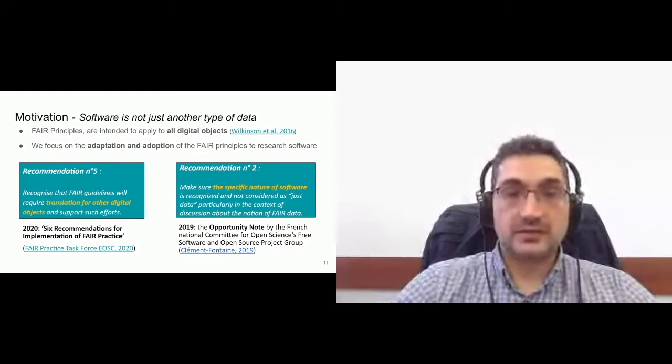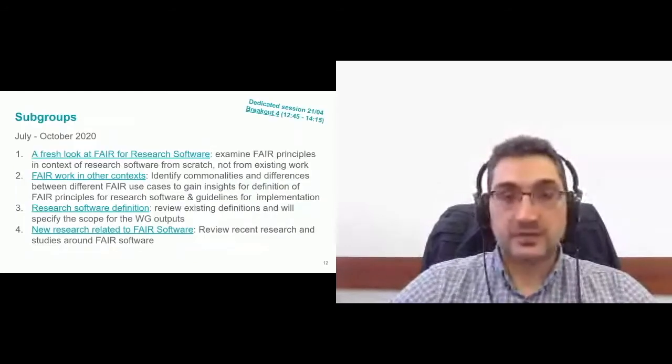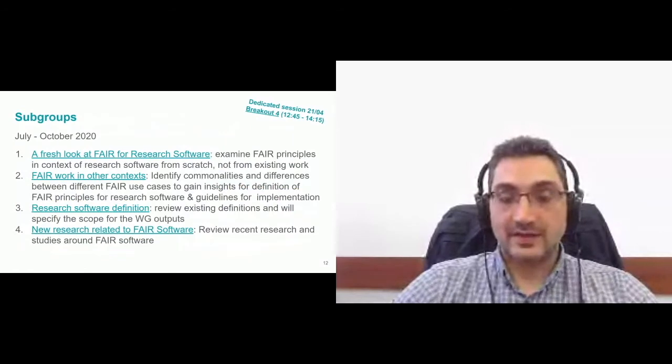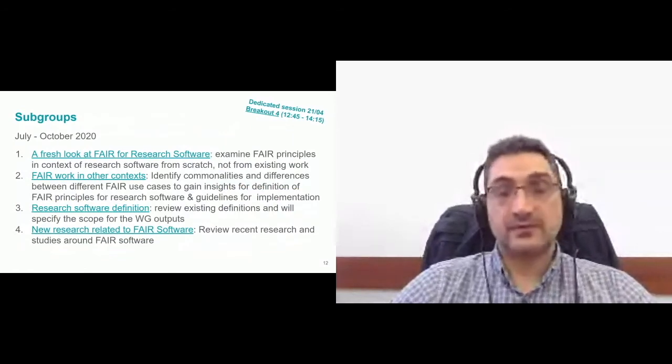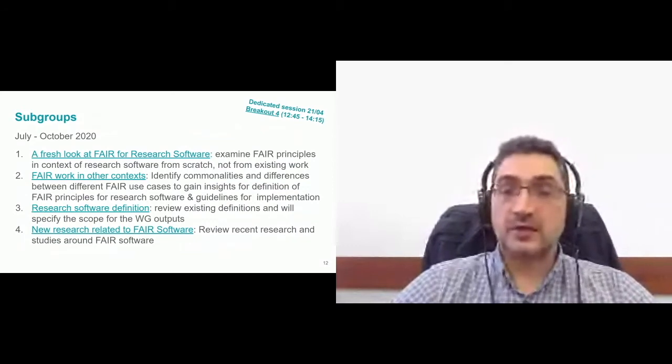So in that sense, this focus group has started with a lot of energy, if you like. Four subgroups were identified that were looking at different perspectives of the work towards defining these FAIR principles.